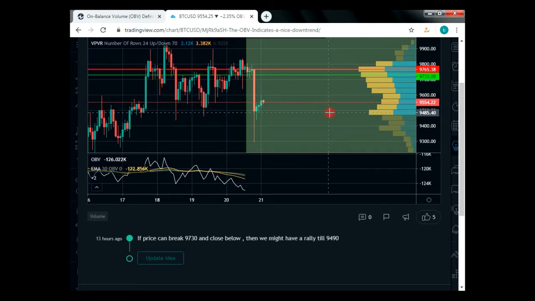As you can see on my volume profile, it exactly finds its support right here. If you look at exactly what is happening on the chart, it takes place exactly at my target, 9,490. You see the price is right at this level.